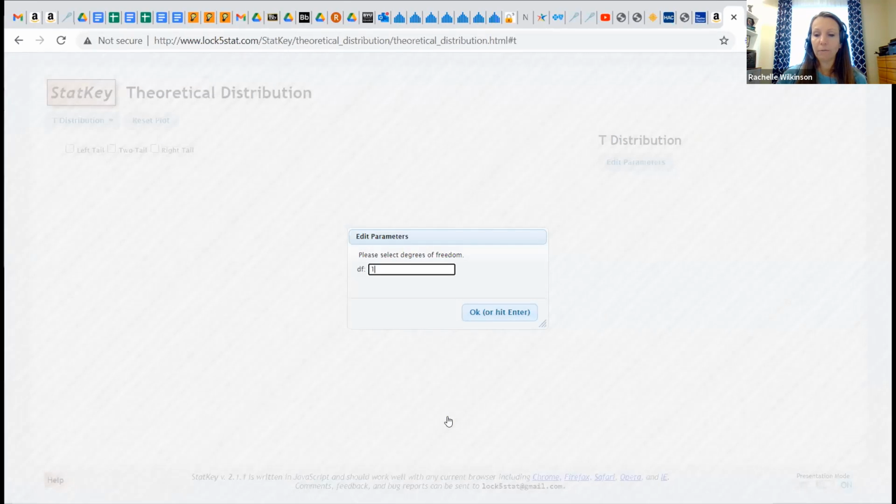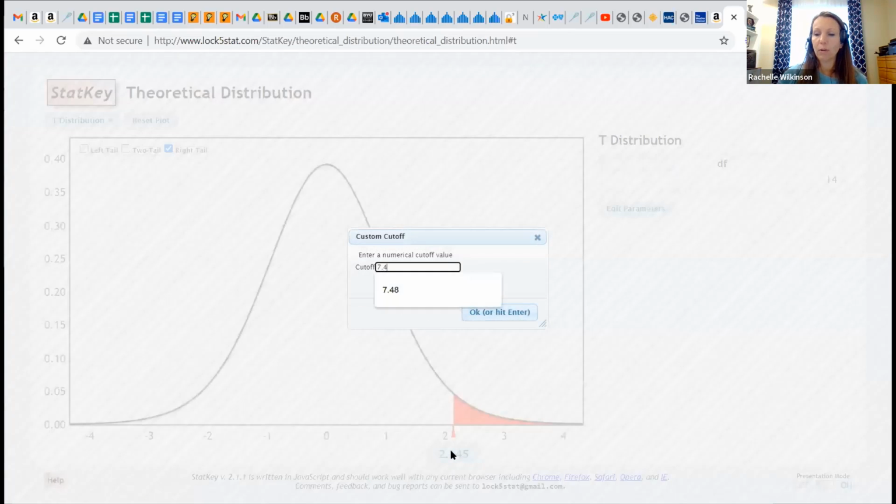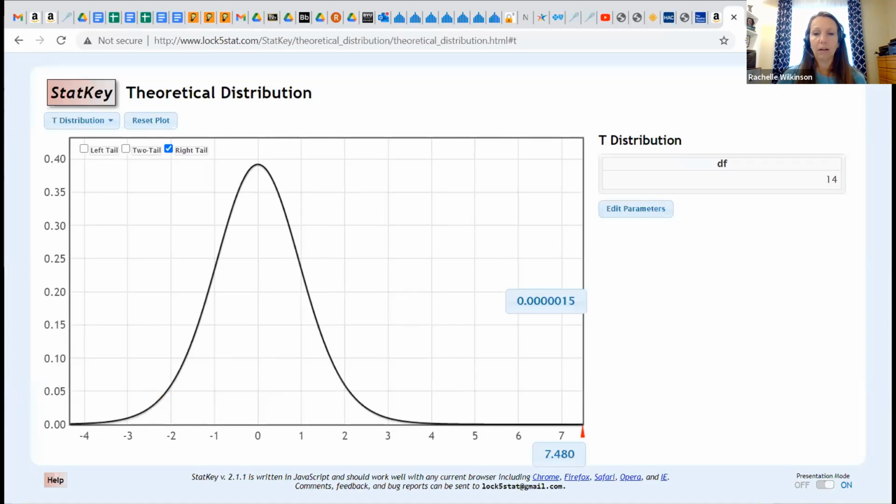I'm going to tell it that I have 14 degrees of freedom, and then I need to put in my test statistic. I'm clicking on right tail because I did a one-sided test. Remember, I had greater than in my alternative hypothesis. So I'm going to put in 7.48 down here on the bottom. And then this floating box here is my p-value.